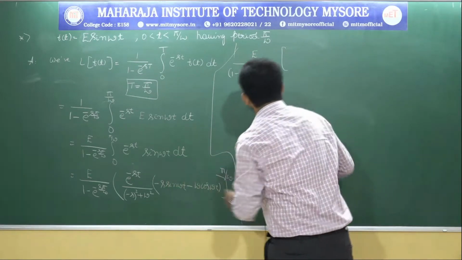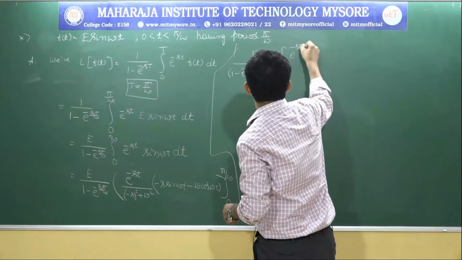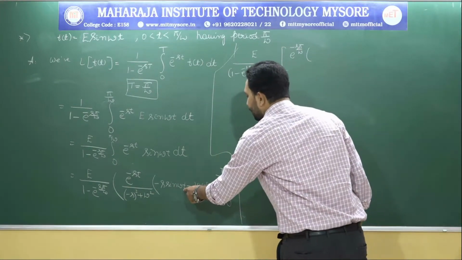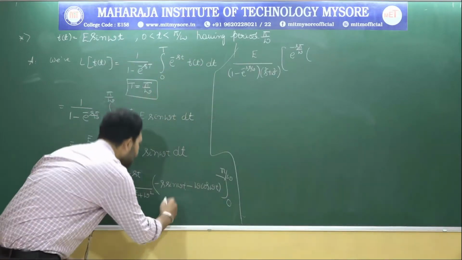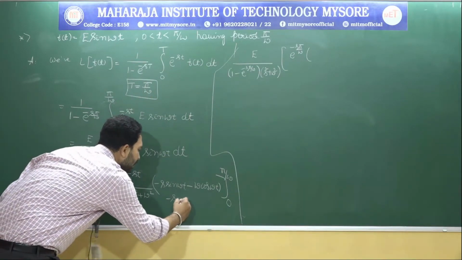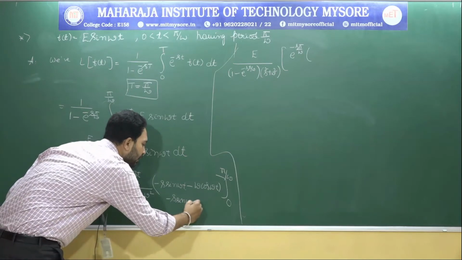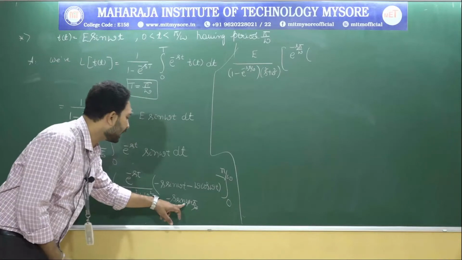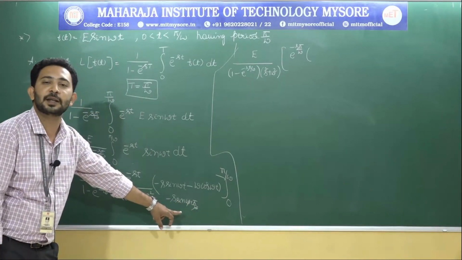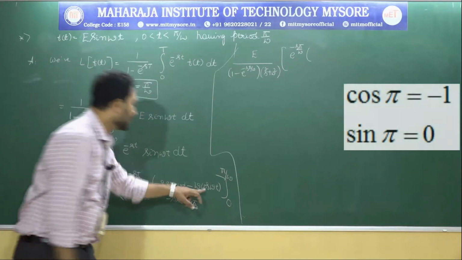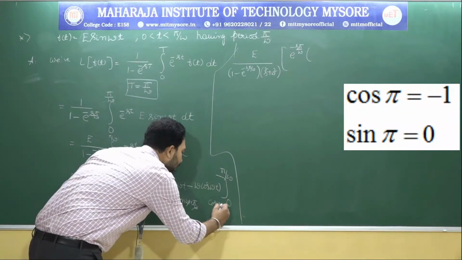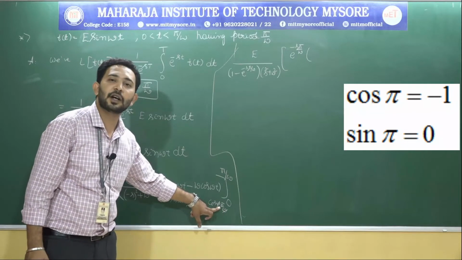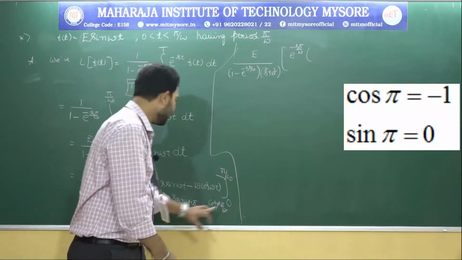Now apply the limit, it is e power minus s pi by omega into upper limit minus s into sin omega t. See here, minus s into sin omega, in the place of t if I take pi by omega, omega cancels, will remain with sin pi. What is the value of sin pi? It is 0. Similarly, cos of omega into pi by omega will get cancelled. What is the value of cos pi? It is minus 1.